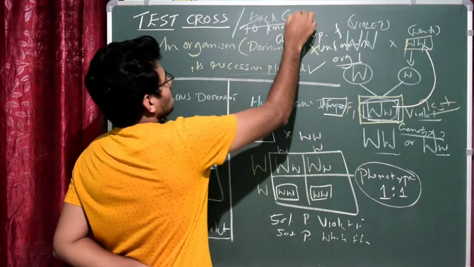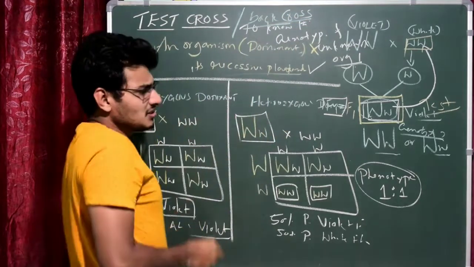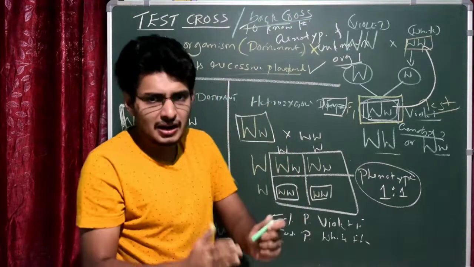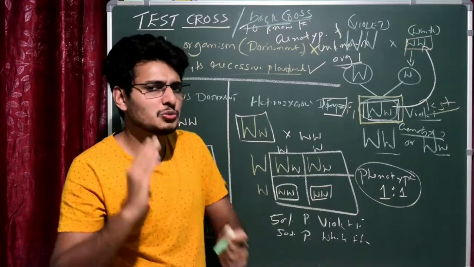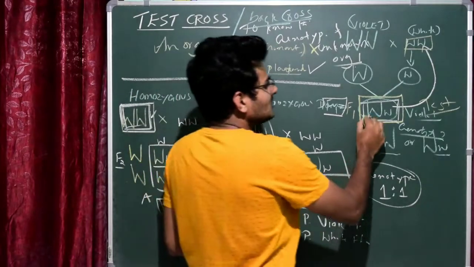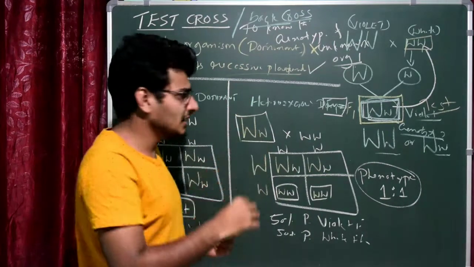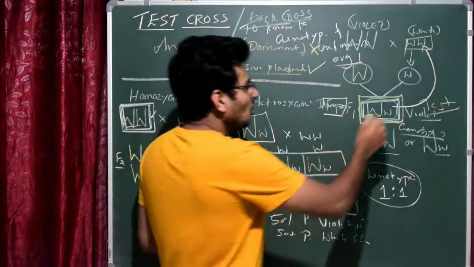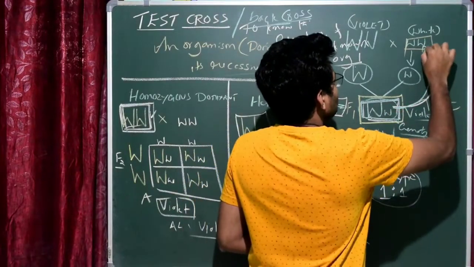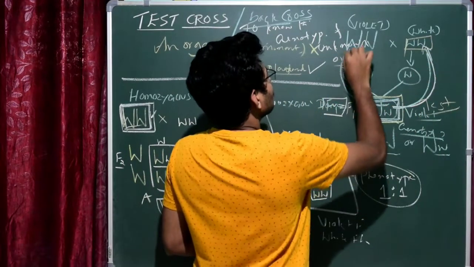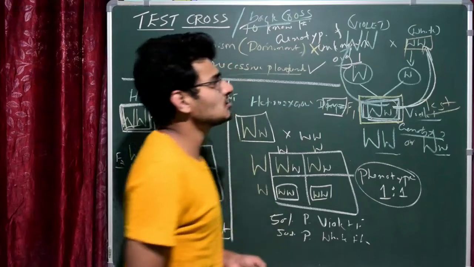What is back cross? Back cross is very simple. To get the pure line, the back crossing is very, very important. Simple. This F1 generation, a particular F1 generation plant, is crossed with the recessive parent or with the dominant or homozygous parent.